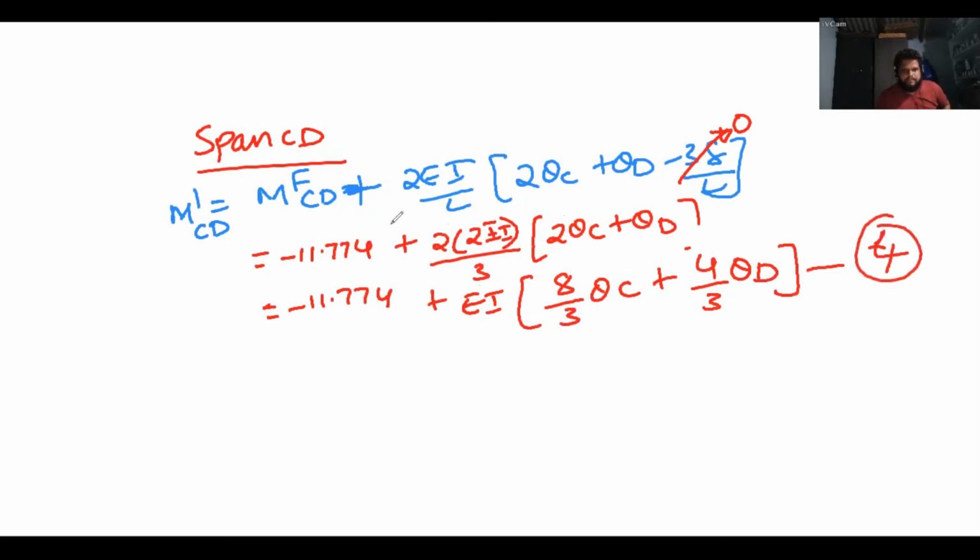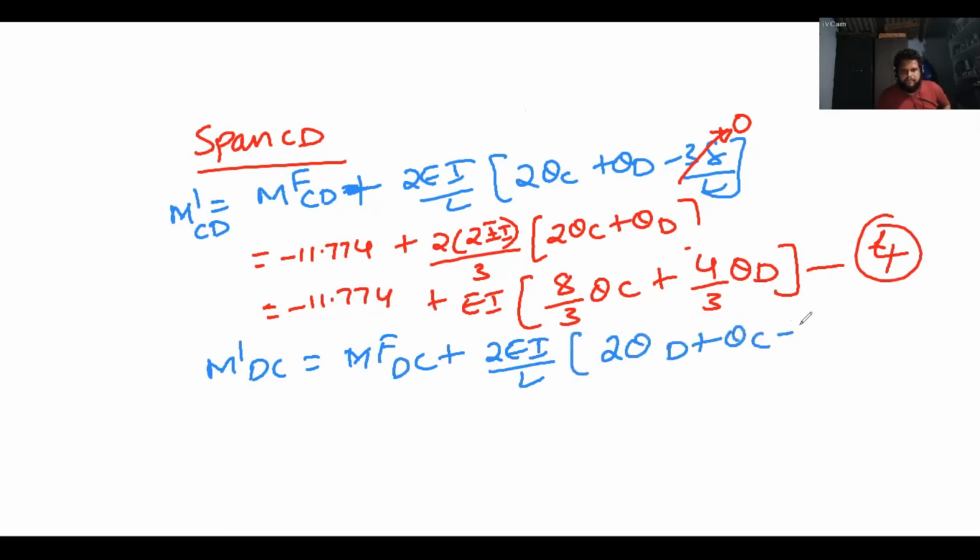Okay, next one is your M dash DC. M dash DC equals MF DC plus 2EI by L into 2 theta D plus theta C minus 3 delta by L. Again this is 0.